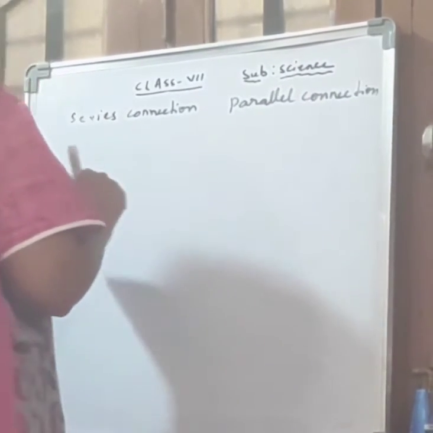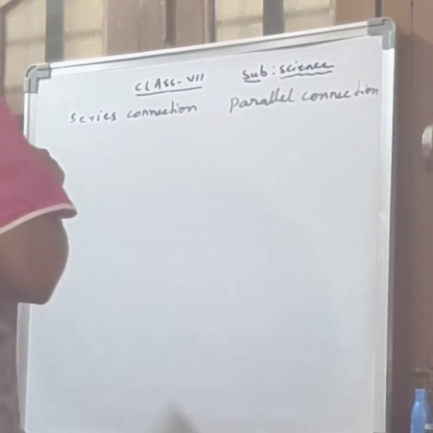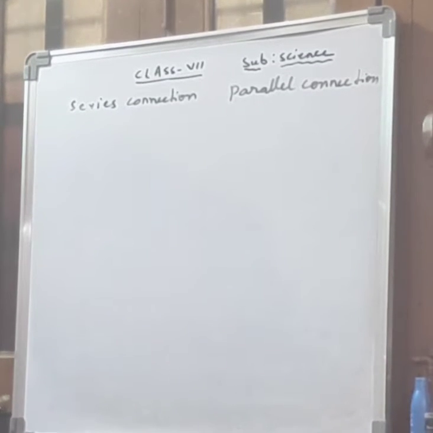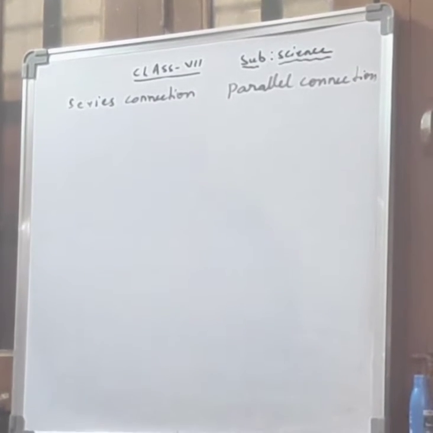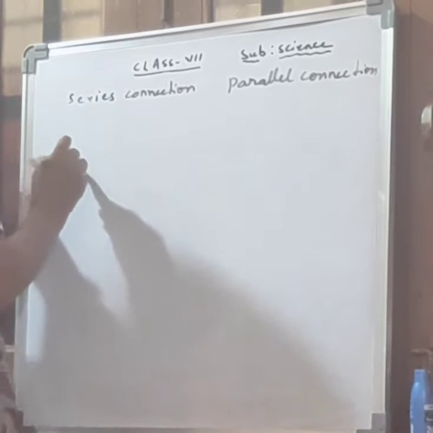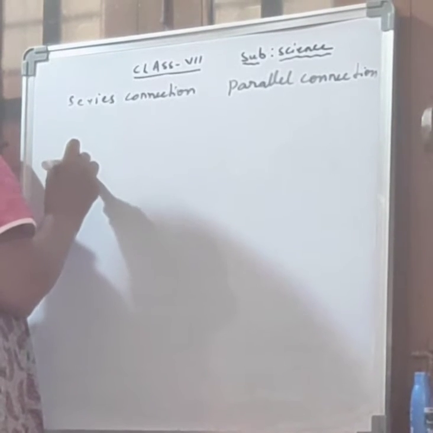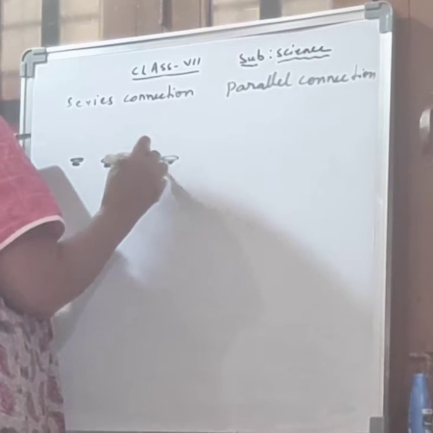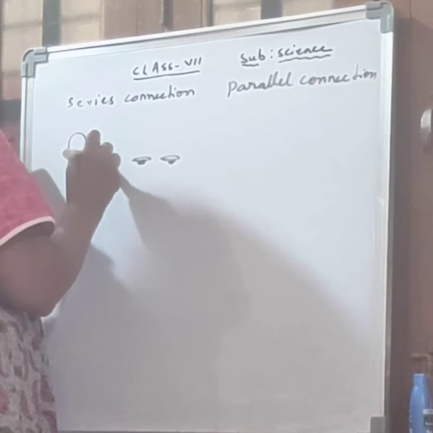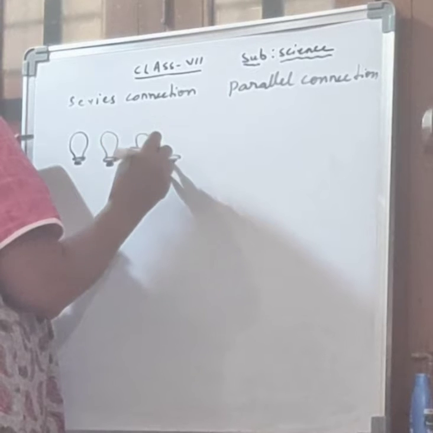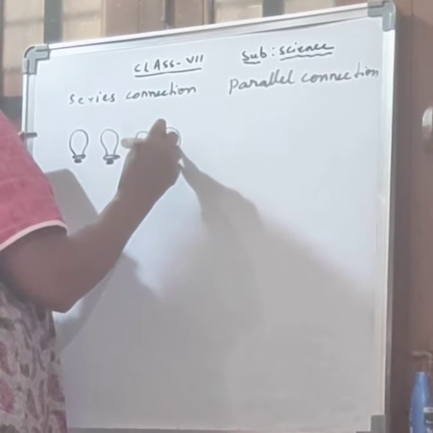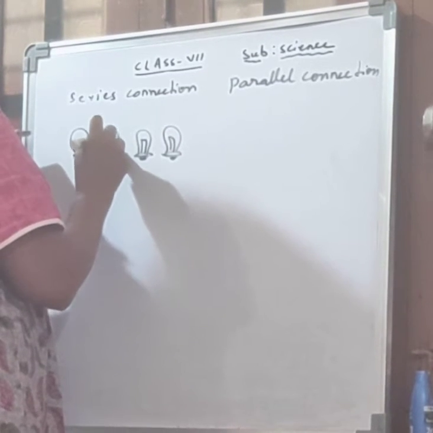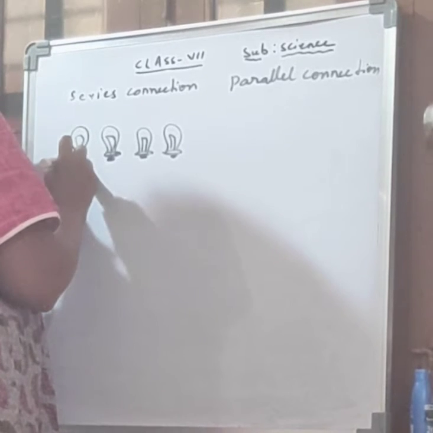In series connection, bulbs and cells are connected. Suppose these are the bulbs. Understood? Here positive, here negative.